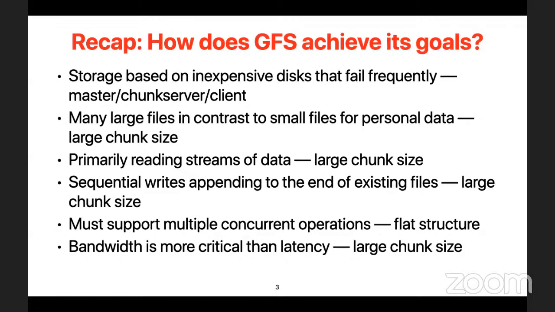For reading data, especially streams of data, large chunks also make sense, right? And for sequential append, write-only data, large chunks can help too. And as we said, the flat structure is used to support multiple concurrent operations. And for bandwidth, again, large chunks win, right?